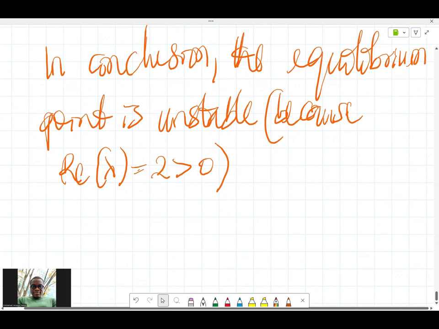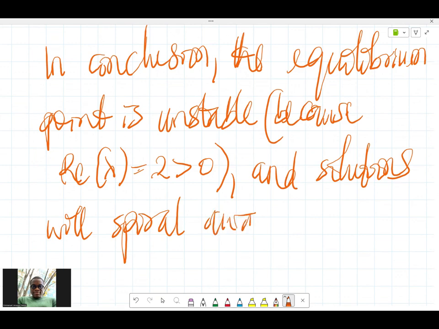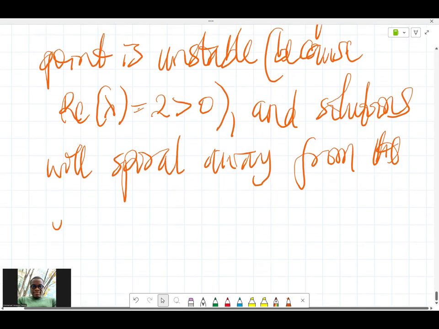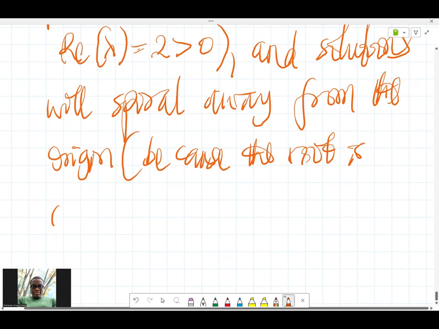So it is unstable, and solutions will spiral away from the origin. Why? Because the root is complex. That's the reason why it will spiral away from the origin.